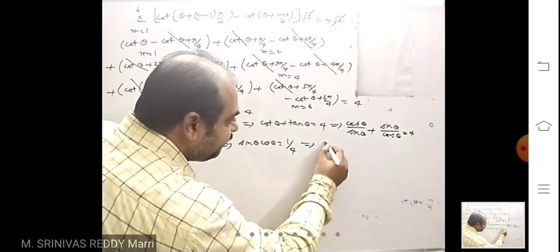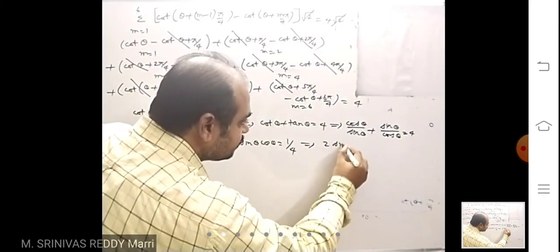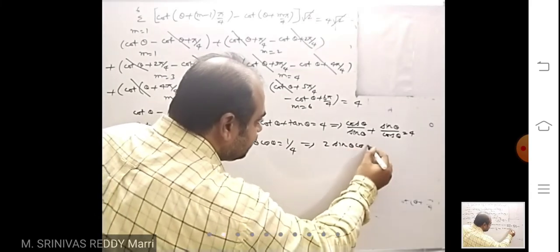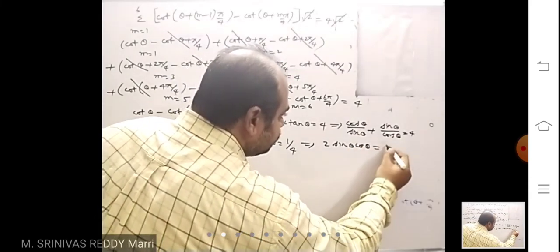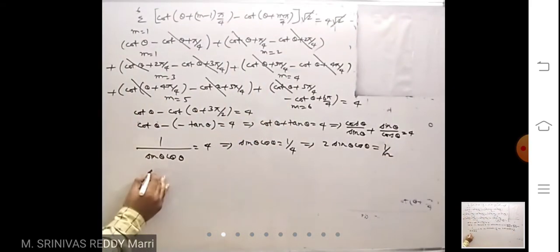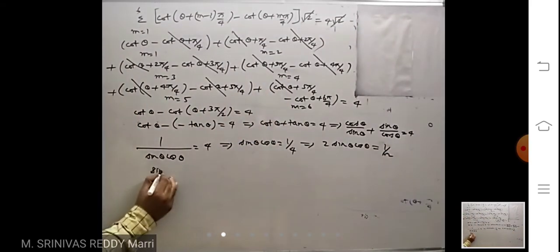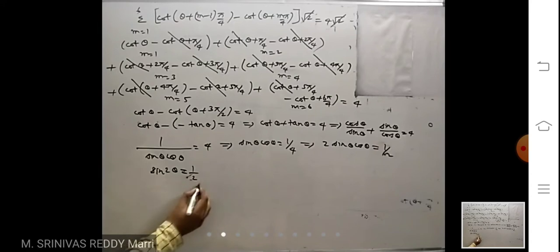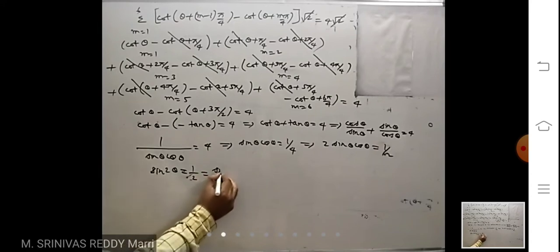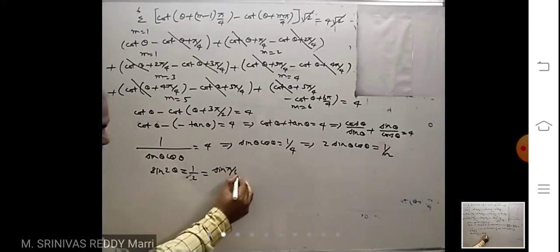Now multiply with 2 on both sides. 2 sin theta cos theta, if you multiply with 2, you will get 1 by 2. Now I got the equation I required. Sin 2 theta is nothing but 1 by 2. Now this I will write as sin pi by 6.